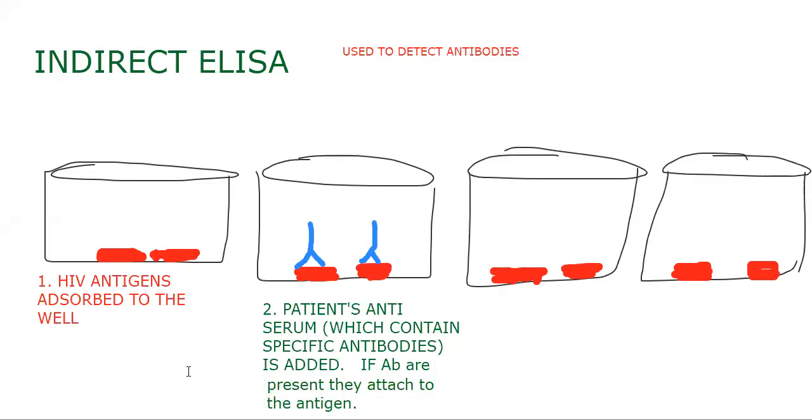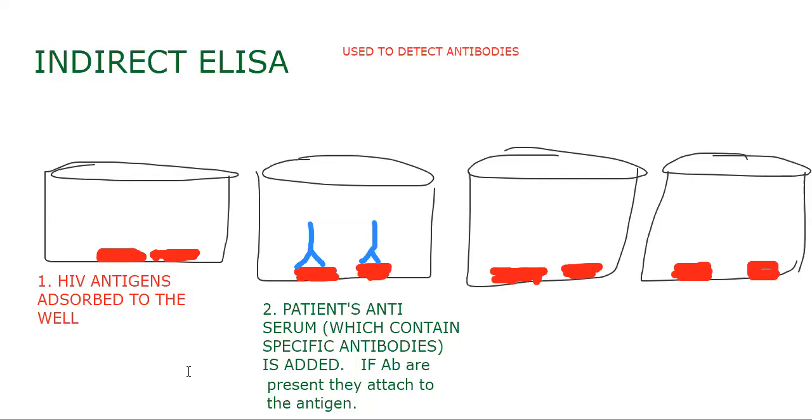So what do we have to do next? Now, what we did: the antigens are there, attached to the well. The patient sample is added. Then the antibodies, which we already call primary antibodies here, attach.